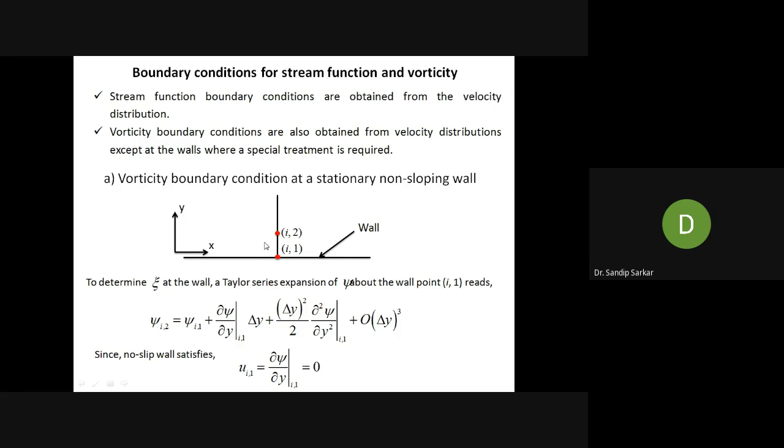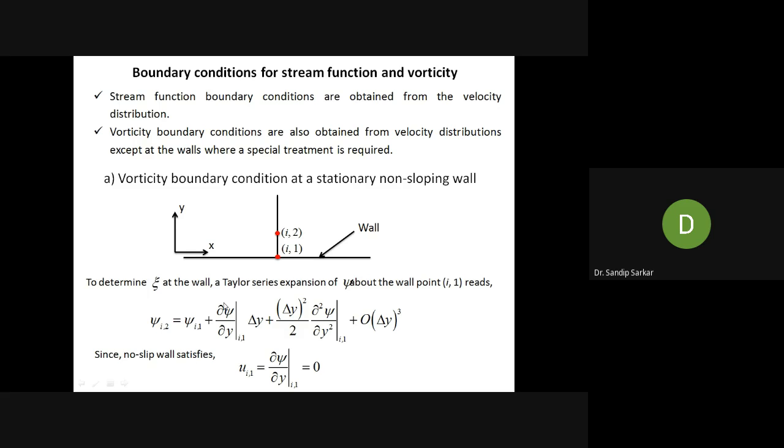So the Taylor series expansion of the stream function at point I2 about point I1: psi I2 equals psi I1 plus del psi del y at I1 into delta y, where delta y is the vertical distance between these 2 points I1 and I2, plus delta y square by 2, del 2 psi by del y square at I1, plus order of delta y cube. This you already know.